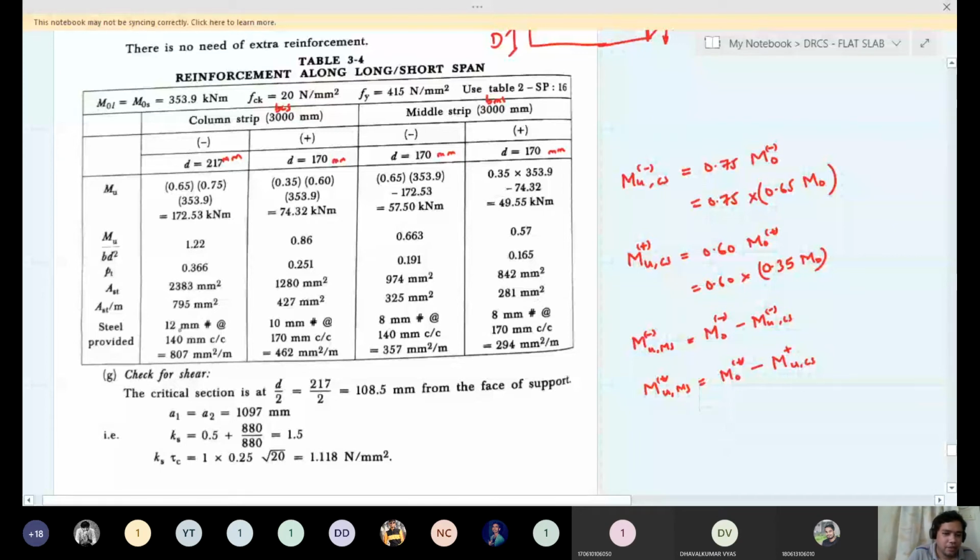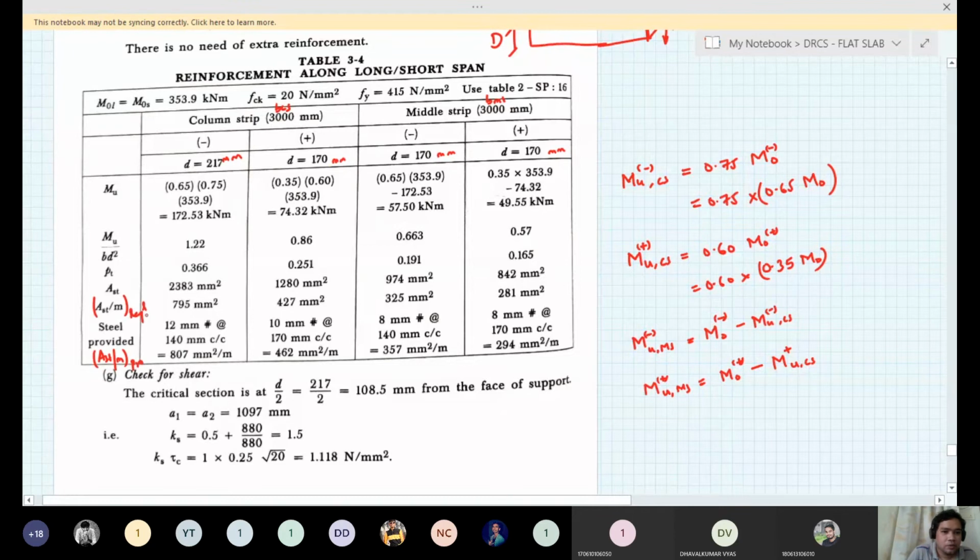Then you provide the area of steel and ensure that what you provide is greater than the required. So this is your Ast per meter provided, and this is your Ast required.